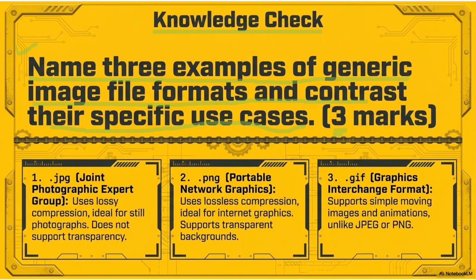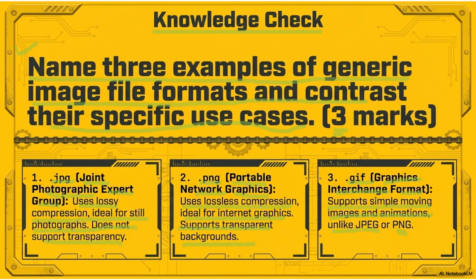The answer: 1. .jpg, Joint Photographic Expert Group, uses lossy compression, ideal for still photographs, doesn't support transparency. 2. .png, Portable Network Graphics, uses lossless compression, ideal for internet graphics, supports transparent background. 3. .gif or GIF, graphics interchange format, supports simple moving images and animations unlike JPG or PNG.